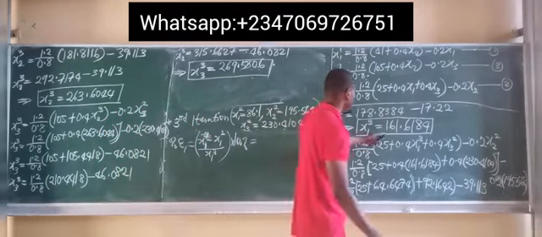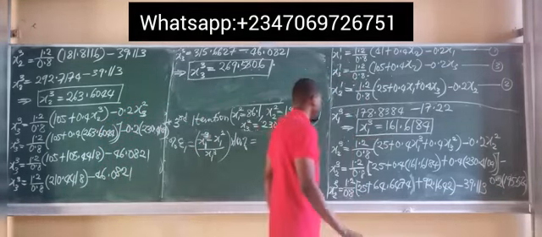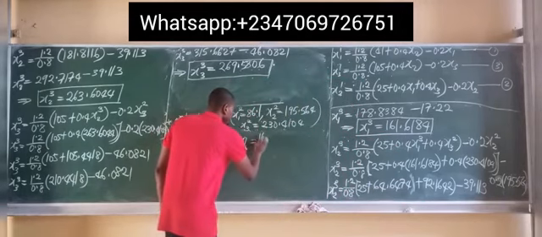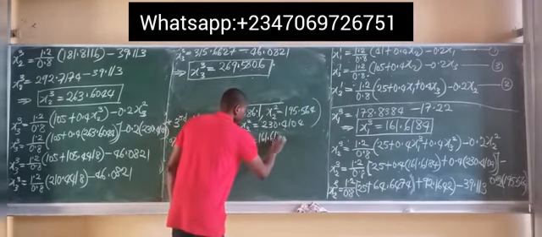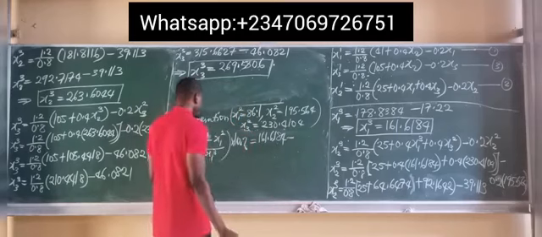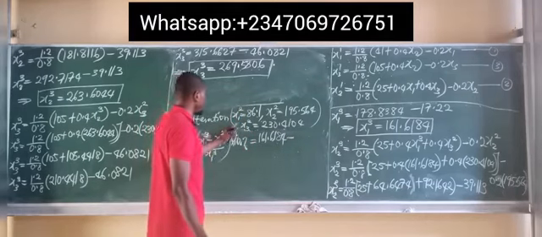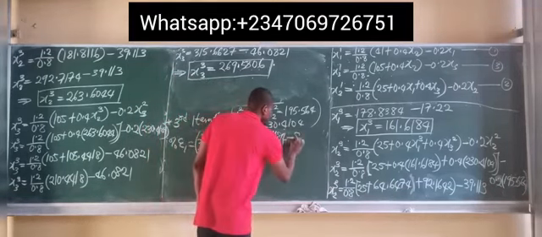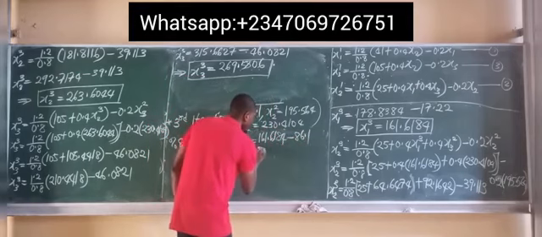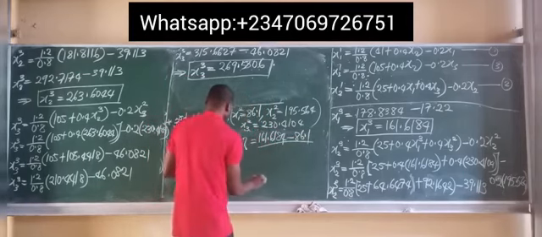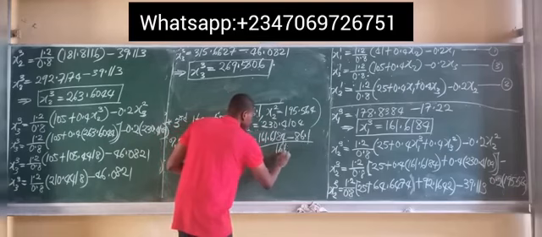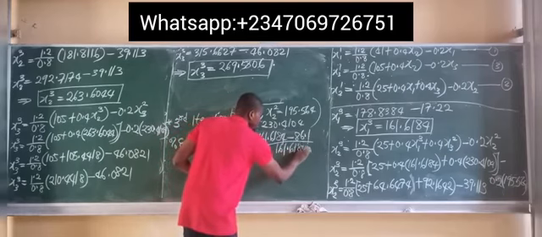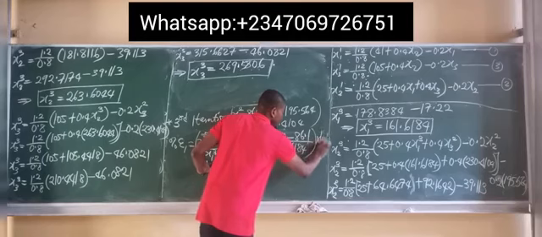x1 of 3 gave us 161.6184. We have 161.6184 minus x1 of 2, and x1 of 2 gave us 86.1, all over x1 of 3, 161.6184. Multiply the whole of this by 100%.